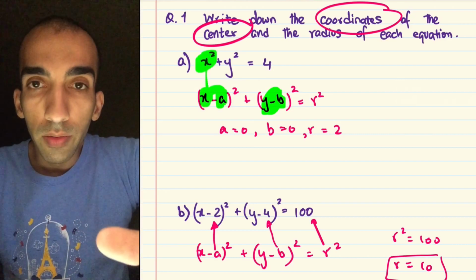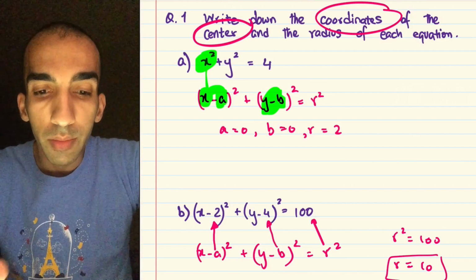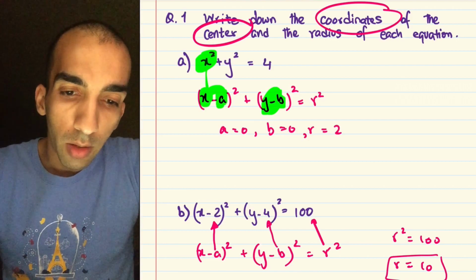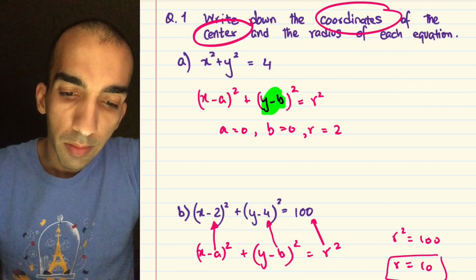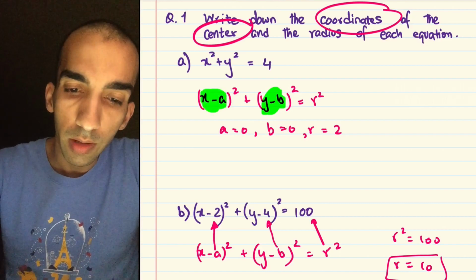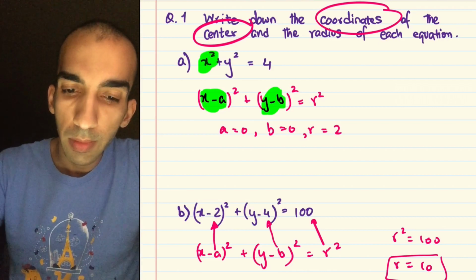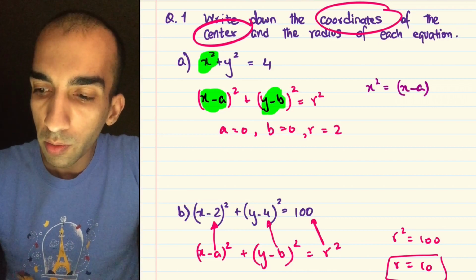We're taking the square of something, square of a bracket, which when taken a square of becomes x square. Now let me write these two things together. X square is equal to x minus a whole square.